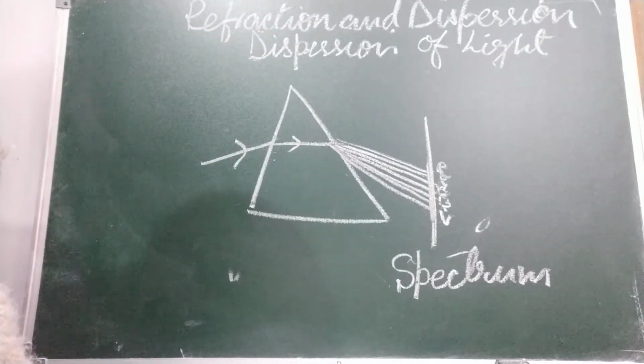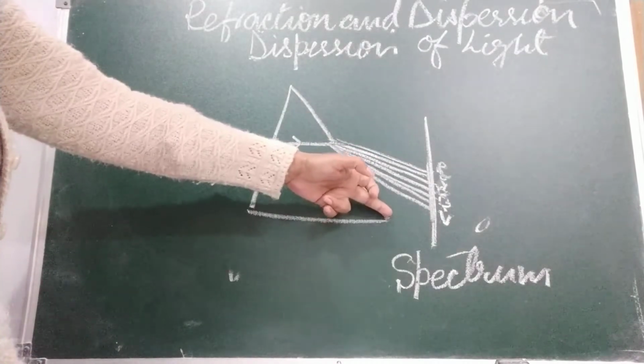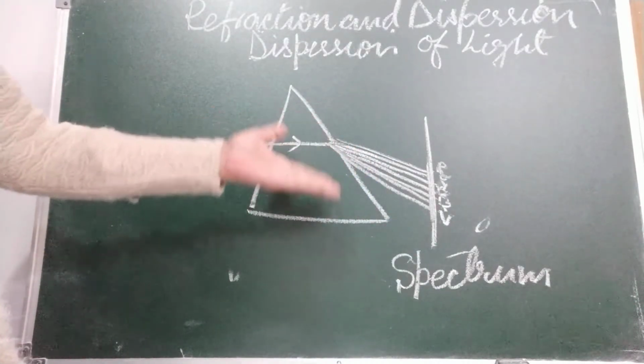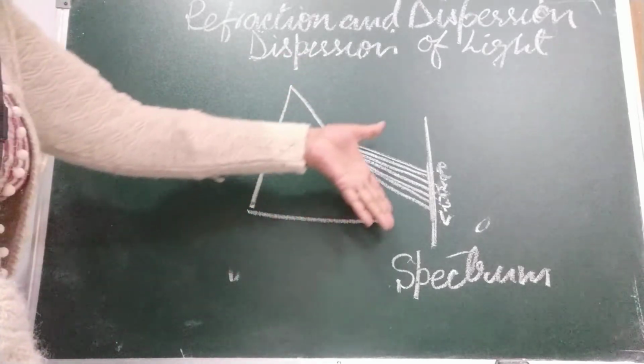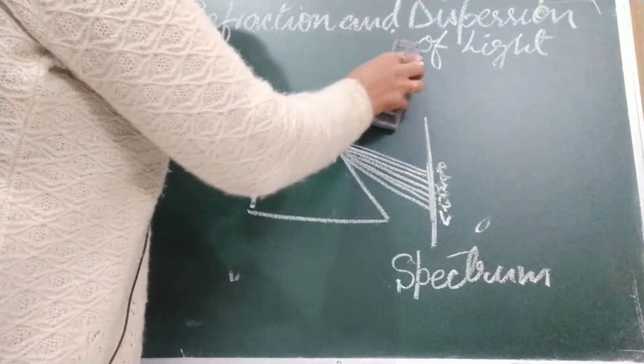That is why we get red here and violet here. So this phenomenon is what? Dispersion, and the band of 7 colors we get on screen is called what? Spectrum. Now we are going to discuss lenses.